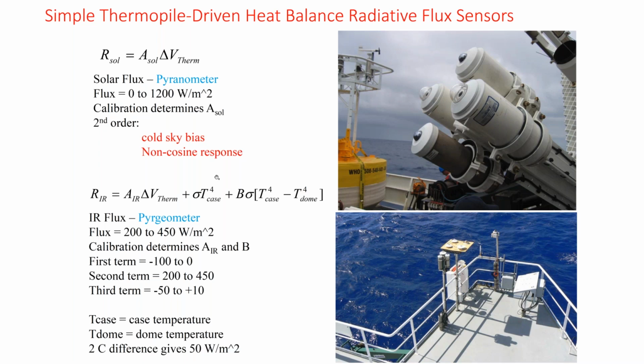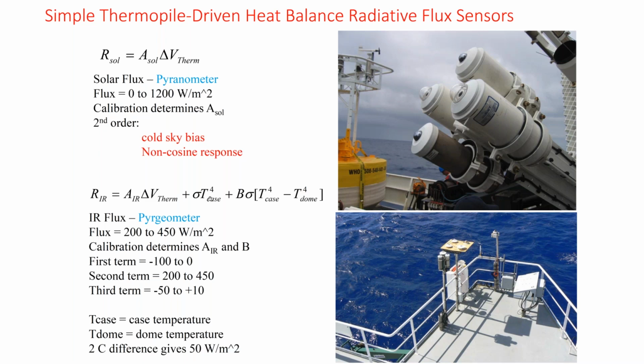The solar fluxes have issues with them from these simple devices. There's a thing called a cold sky bias I won't discuss, and a non-cosine response. They're not perfectly cosine responders. And the infrared flux, there's also a thermopile and a voltage, but the thermopile in that case acts sort of as a net IR flux radiometer.